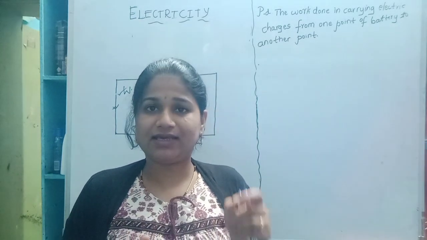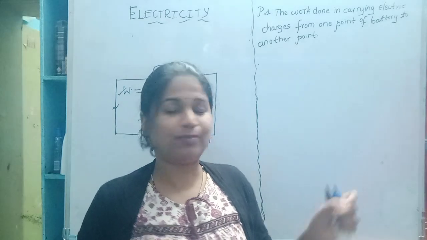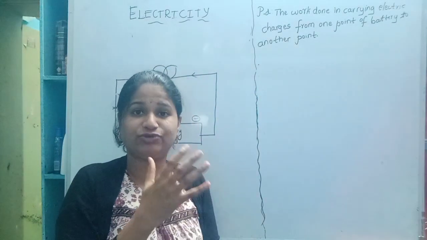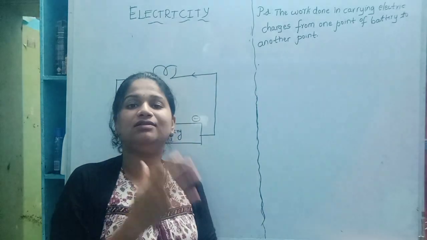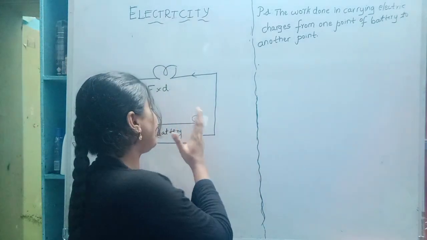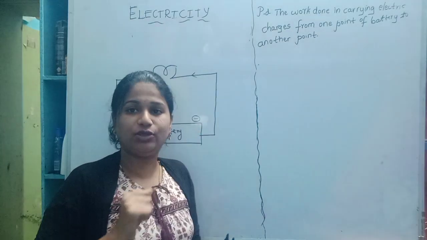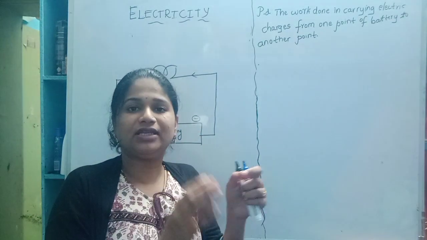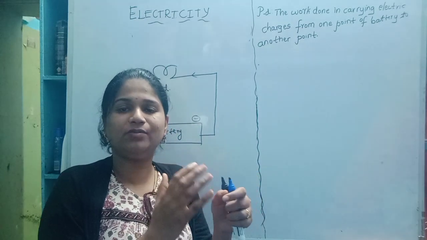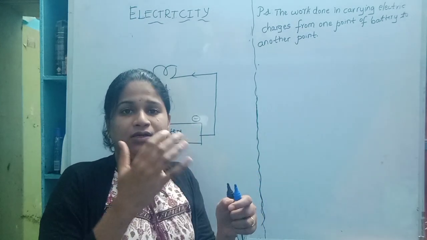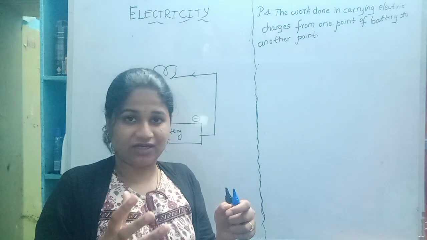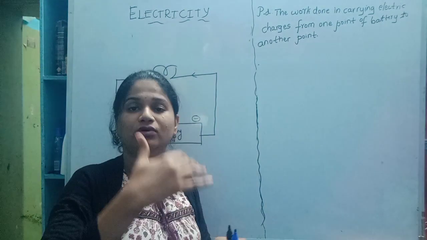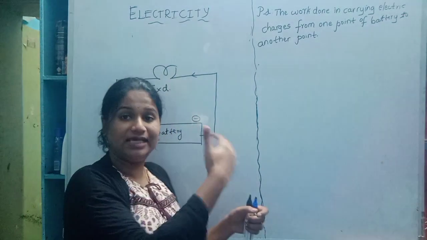As I said in a previous session, the potential difference is defined as the work done in carrying the electric charges, especially the electrons, from one point of a battery to the other point of a battery. It is nothing but the work done, force into displacement, how the movement of electrons takes place.